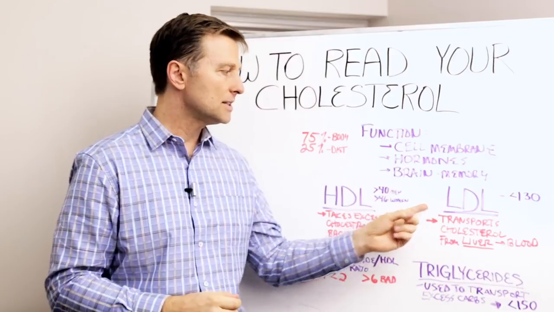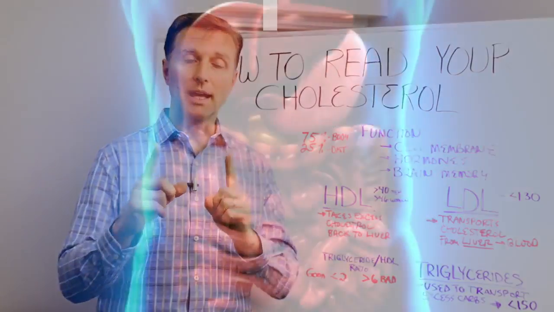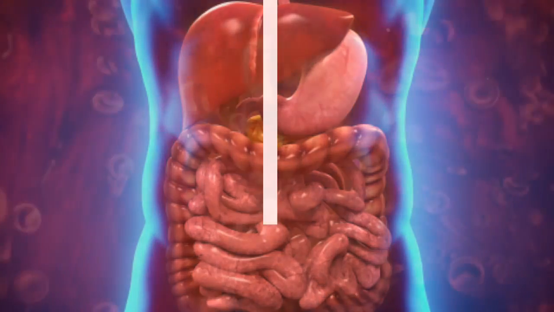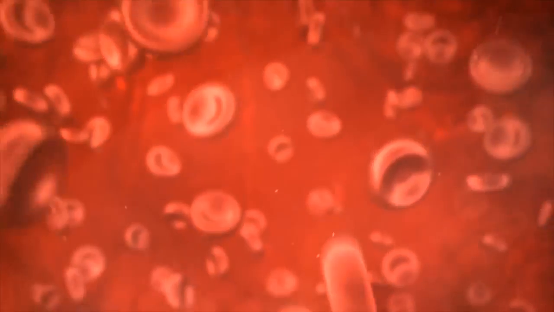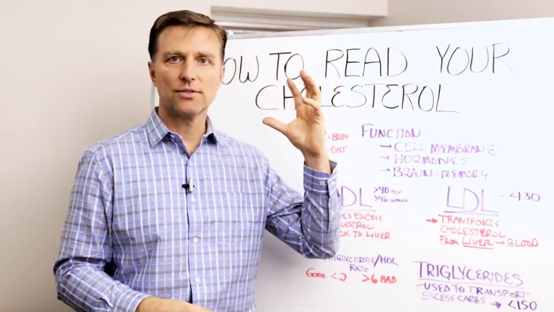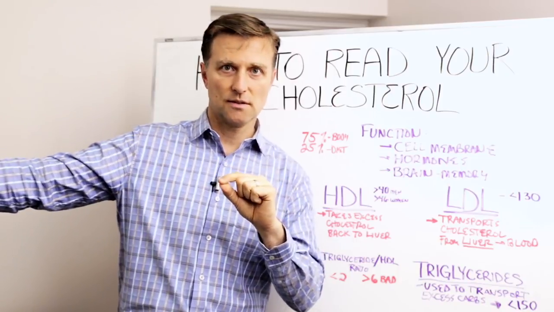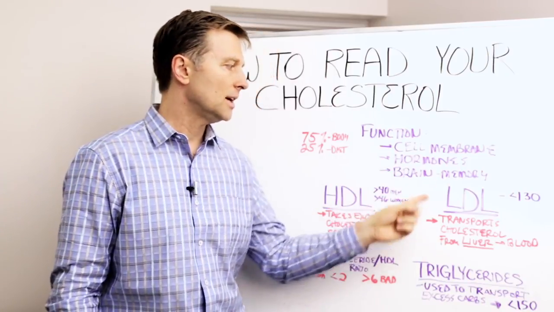And the purpose of the LDL is to transport the cholesterol from your gut and liver to your intestinal tract and then right to the blood. So basically LDL takes the cholesterol from the liver, puts it in the blood, and then from the blood it goes to the rest of the tissues. Okay? That's what LDL does.